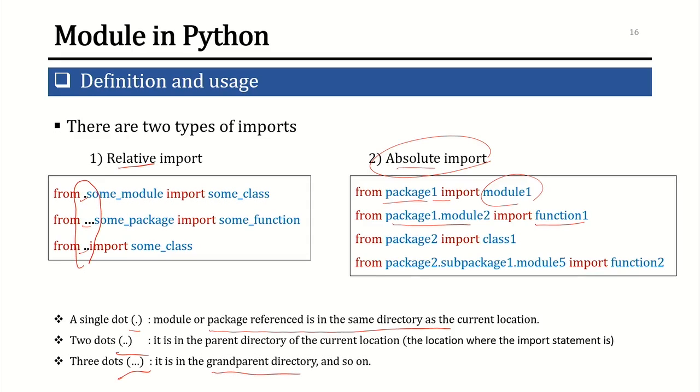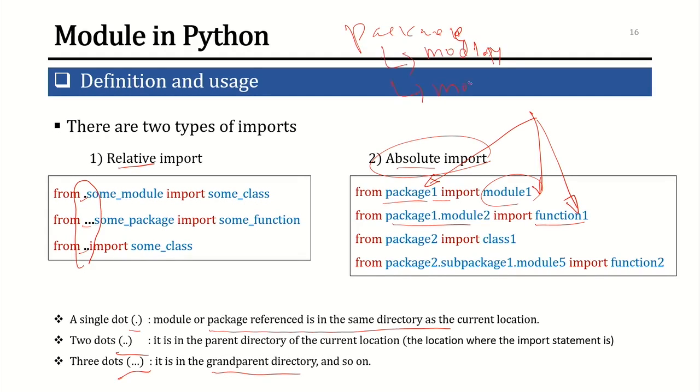When you refer to the terms here, you see package, module and function, right? Package here is simply a folder, and in the folder you have the modules. A module represents a Python file.